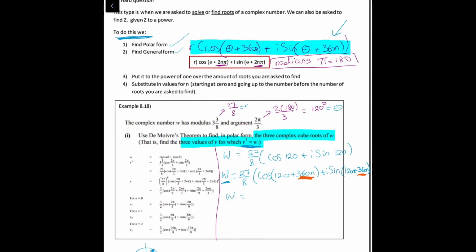So if w is equal to v to the power of 3, and I'm asked to find v, then v is equal to w to the power of 1/3. So that's where that's coming from. But all we have to remember is how many roots they're asking for. It's going to be 1 over that value I'm putting it to the power of.